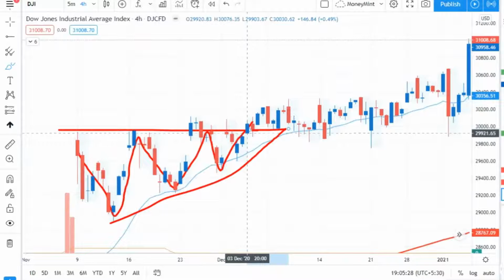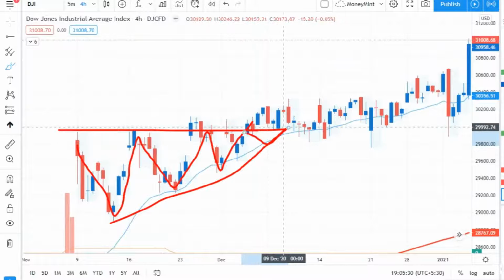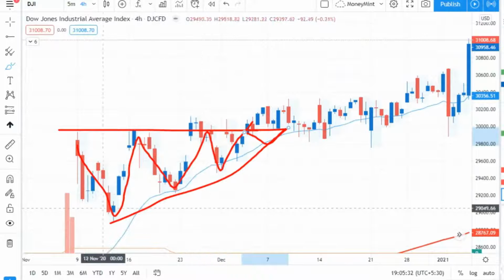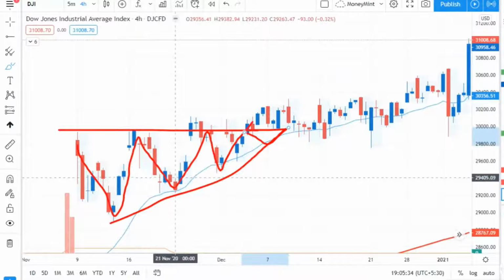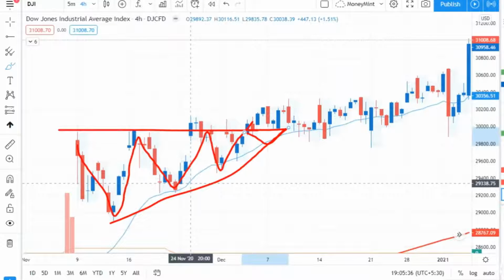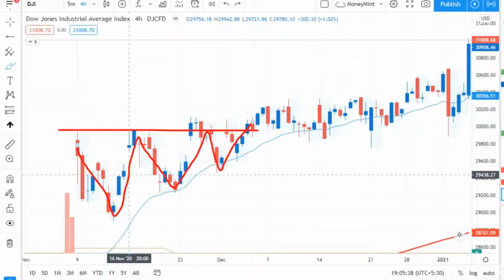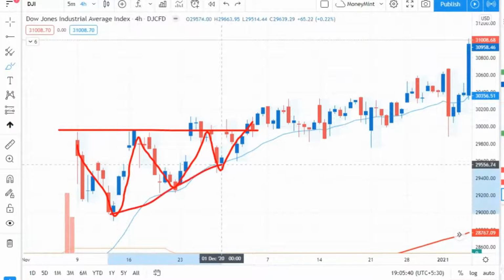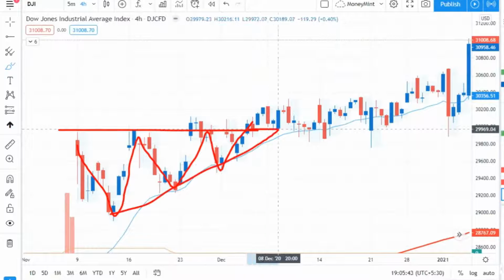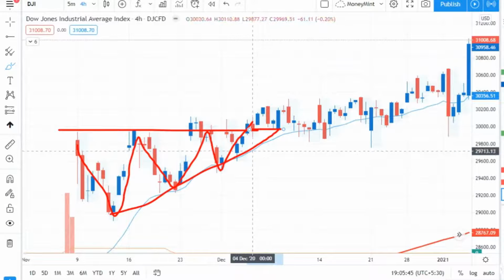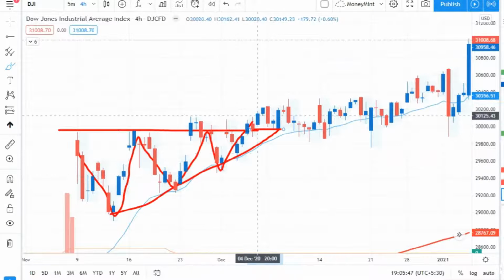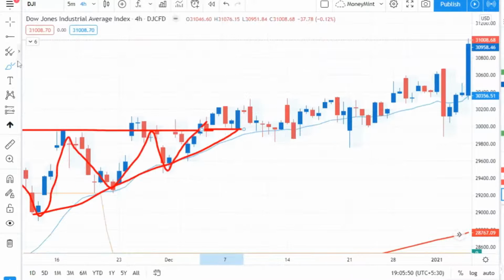This wedge formation should have been like this, but nevertheless it did form like this, and then it broke out on the upside. Let me draw this more nicely. So this was the wedge formation on Dow Jones.